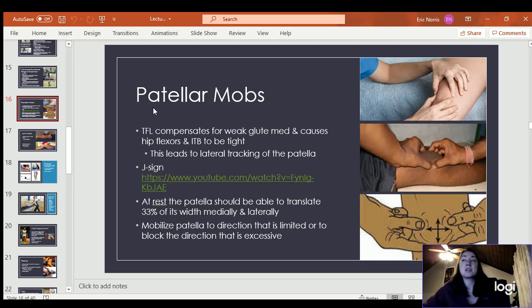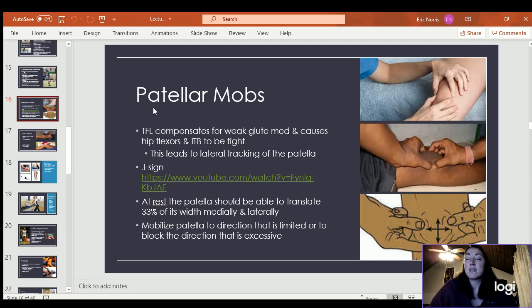So then our patellar mobs would focus on pushing on the lateral side of the patella, pushing it in towards the medial border and increasing the movement there, and decreasing the tightness, and helping the patella get to a place where it tracks more in its normalized position.